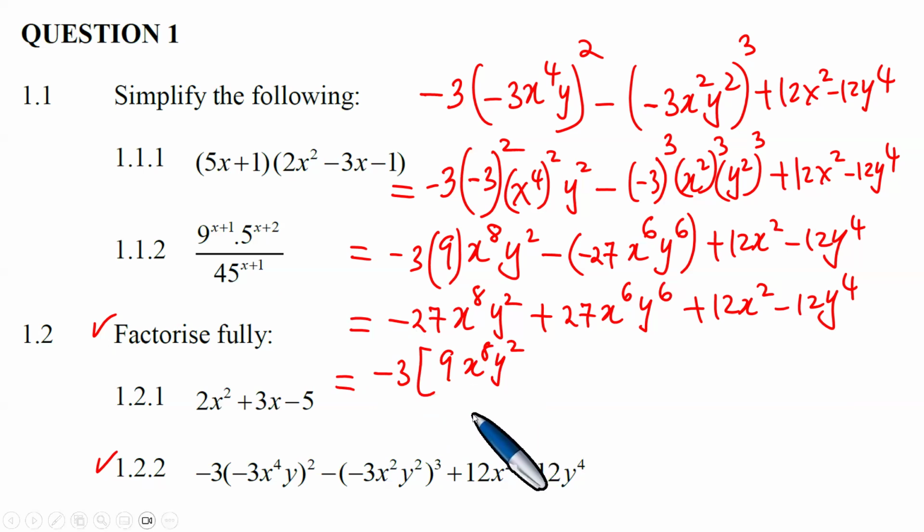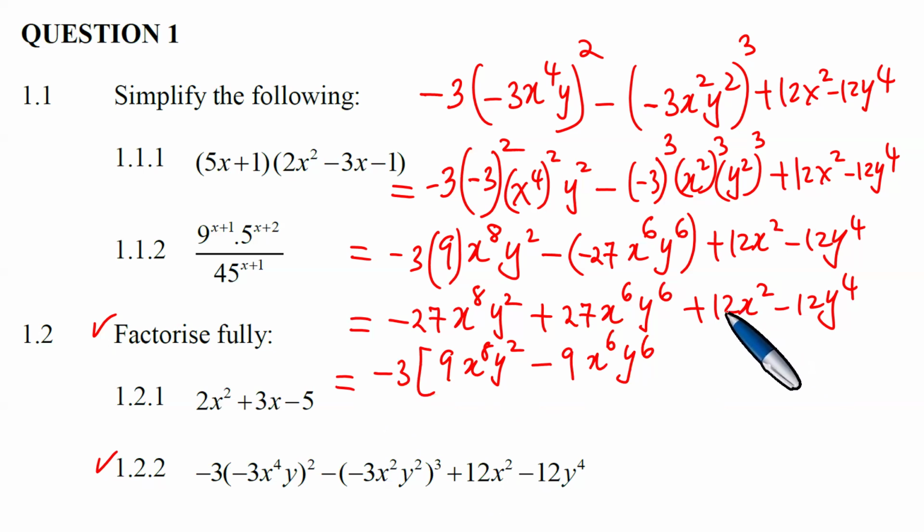And then here we take 27, we divide by -3, and that is going to become -9. Okay. 9. And then there's x to the 6th power, y to the 6th power. We'll just bring this one like that. And then we're also factoring out the -3 from 12.